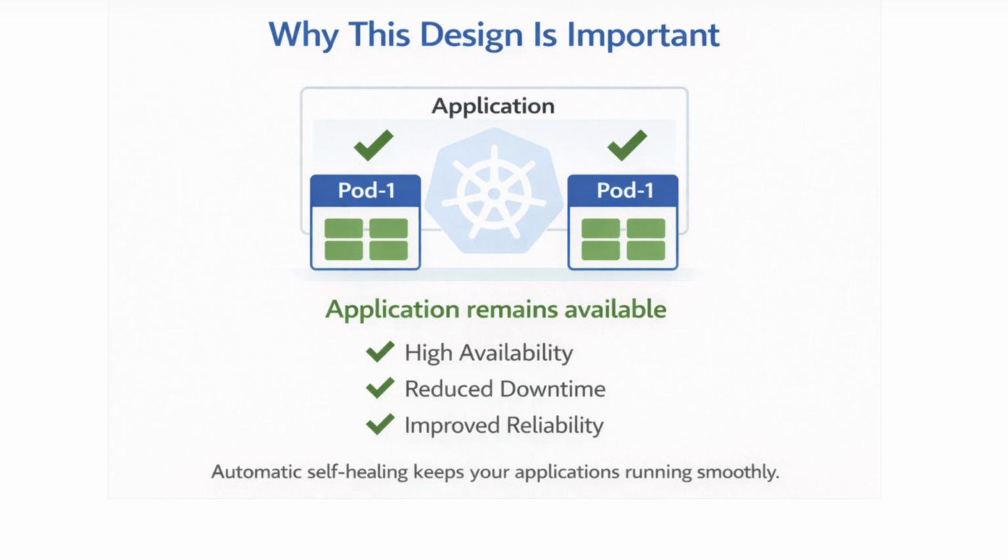When a pod becomes unhealthy, Kubernetes automatically creates a new one. So, the application keeps running. This behavior is called self-healing. Failures are normal in Kubernetes, and the system is designed to handle them automatically.